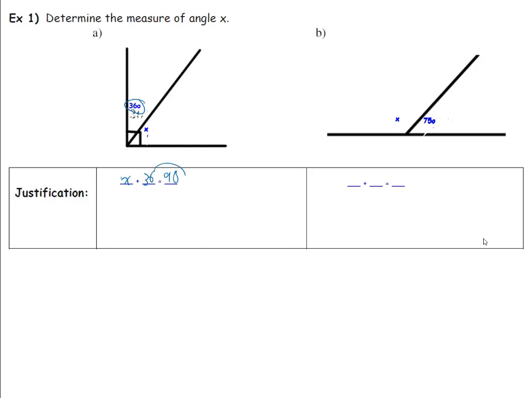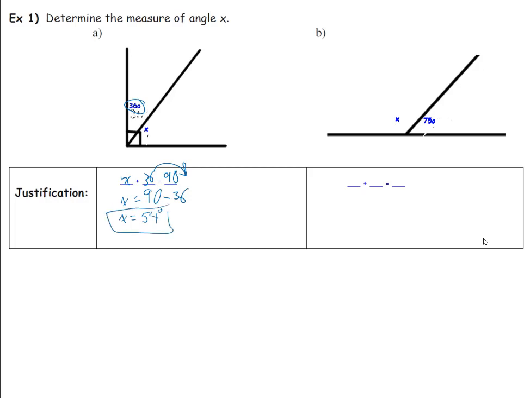If we take the 36 over, we can actually solve for X. You guys have done this. You did it in Unit 1, you did it in Unit 2 a little bit, and you should be able to solve for X now. So we have X equals 90, subtract, because 36 comes over, it becomes negative. So 90 subtract 36, and you get X equals 54 degrees.